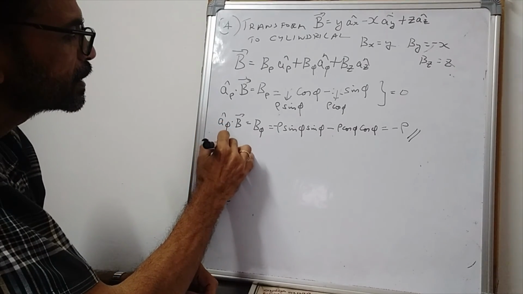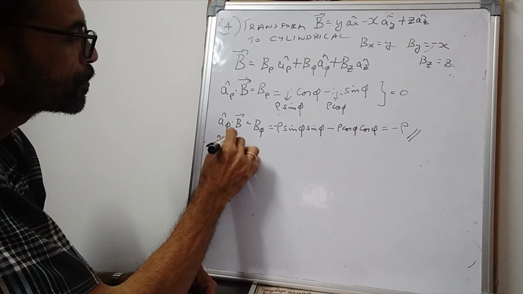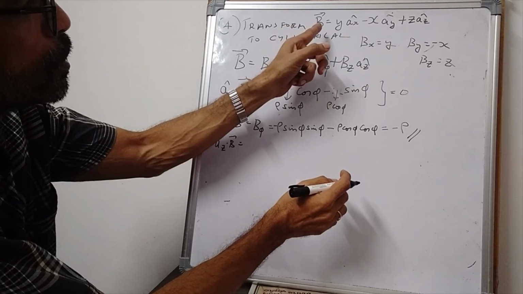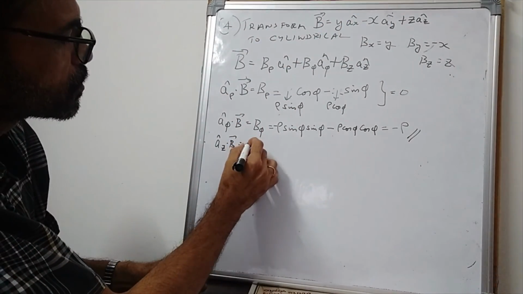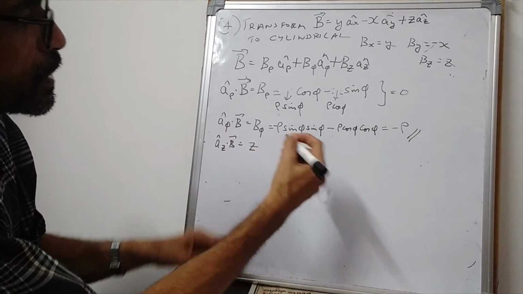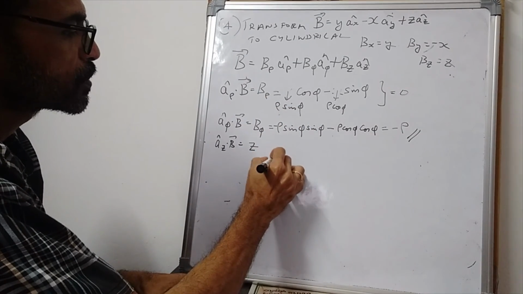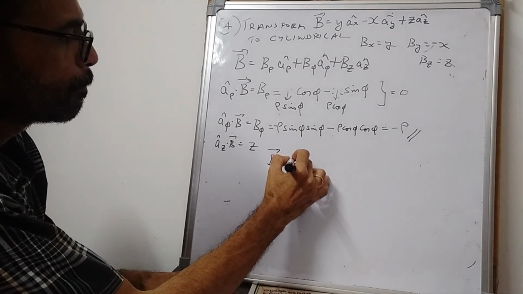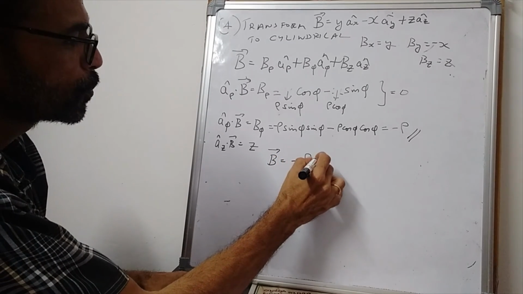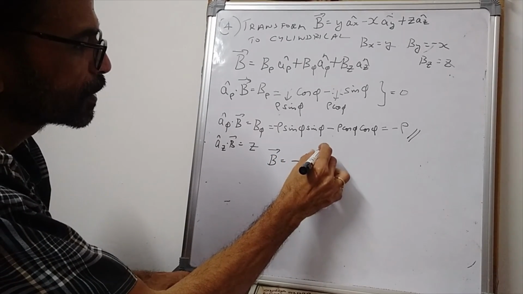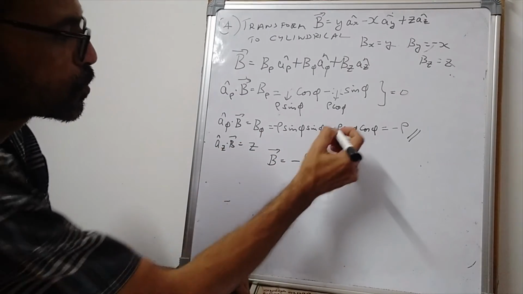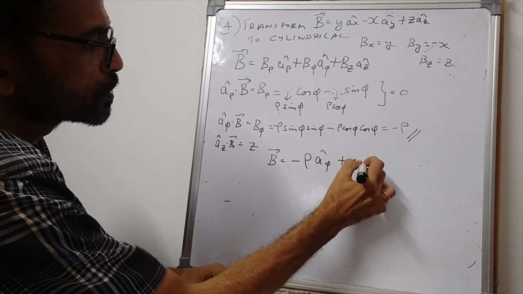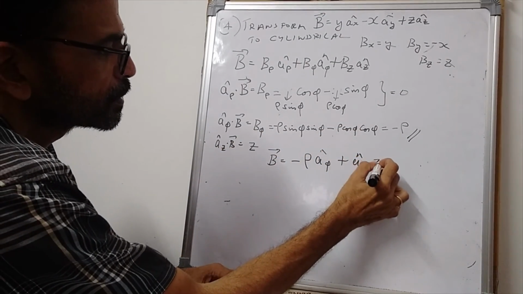And finally, az dot b remains the same as z. Without much explanation, I can write this. This means that the vector b is equal to minus rho a phi cap, because b phi is minus rho, plus z az cap.